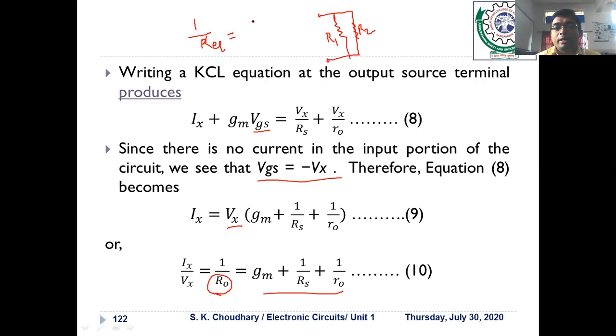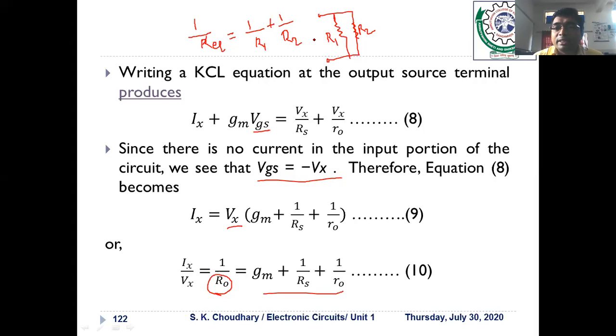It is 1 upon R equivalent is equal to 1 upon R1 plus 1 upon R2. This is the way to find the equivalent resistance. Finally it comes as R equivalent is equal to R1 into R2 upon R1 plus R2.